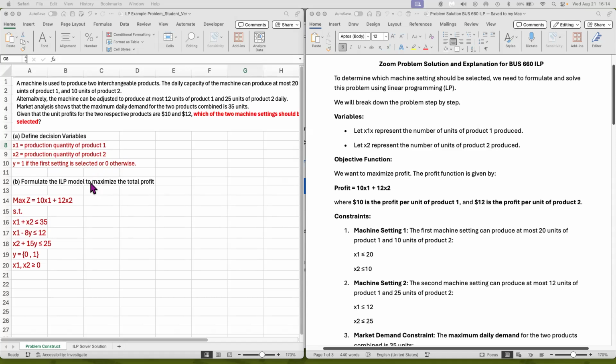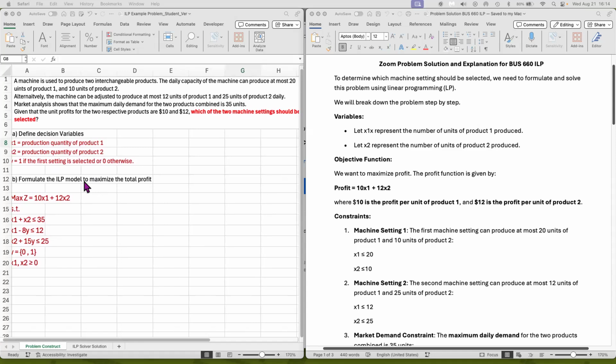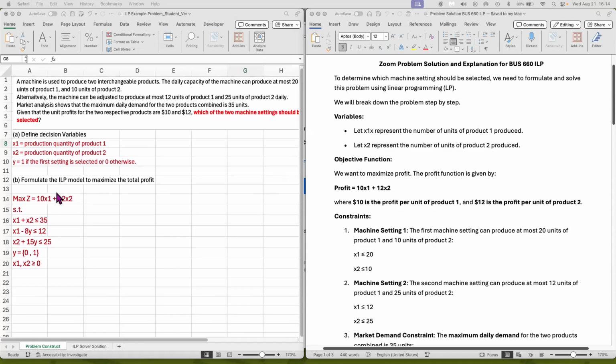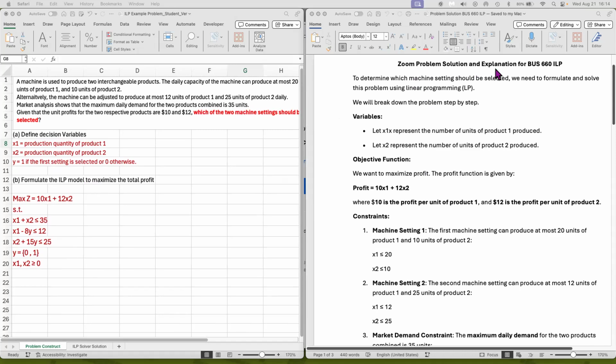So when we start to formulate the problem, I'm going to go now from here. This is the actual calculation on this Excel spreadsheet. This is the calculation of what we're about to talk about. So I need you to switch your vision over to the Zoom problem solutions and explanation for 660 ILP.